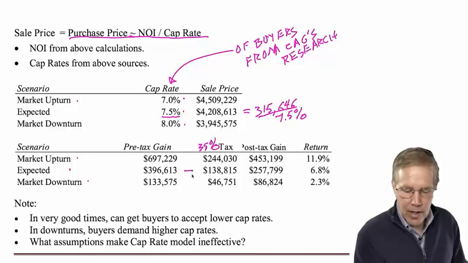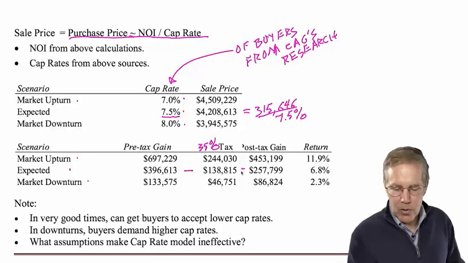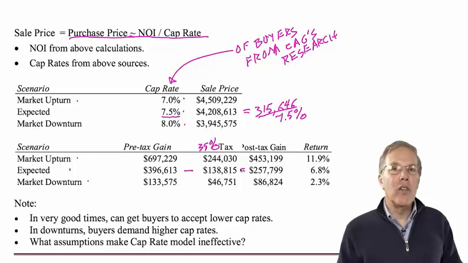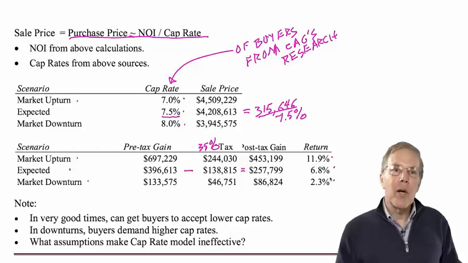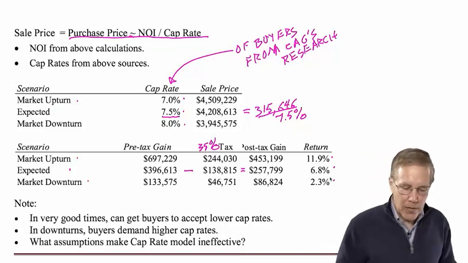Okay, we subtract that, and that gives us our post-tax gain. And knowing our post-tax gain, we can get our return, which is just our post-tax gain divided by all our expenditures for the project. So in a good condition, we've got about a 12% return over a year, about a 7% expected return, and about a 2 and change percent return if things are bad.